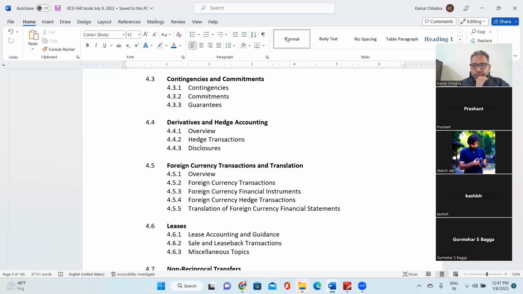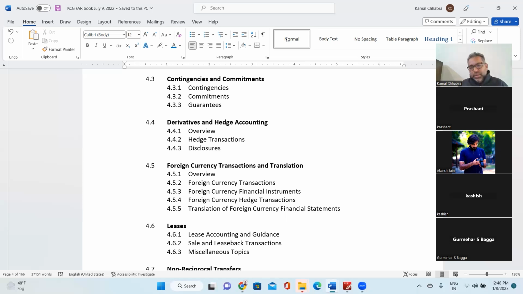Absolutely true. In contingency, it can be both gain or loss, but generally when we discuss contingency, we discuss majorly losses because contingency gains are not allowed to be recognized in the financial statement until they are actually recovered, right? So that's the reason we focus more on contingency loss. Contingency losses are possible future outflows.